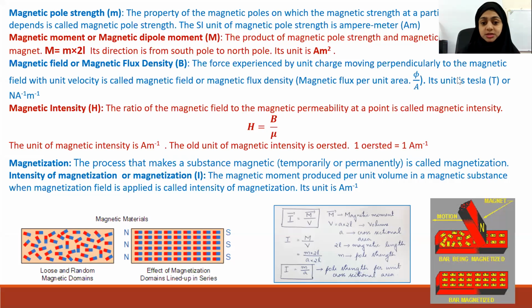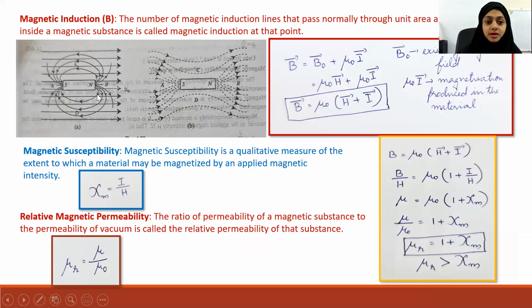So let us see some new quantities also related to it. Magnetic induction. Magnetic induction is similar to what we have seen like magnetization. So suppose here, this is a picture I have taken from your textbook because I couldn't find any similar picture. So here B naught represents the magnetic field already existing in this region.